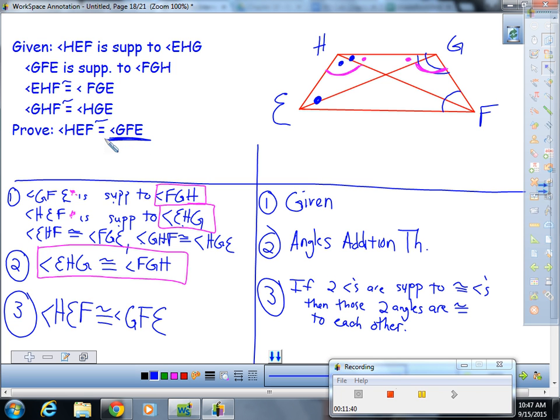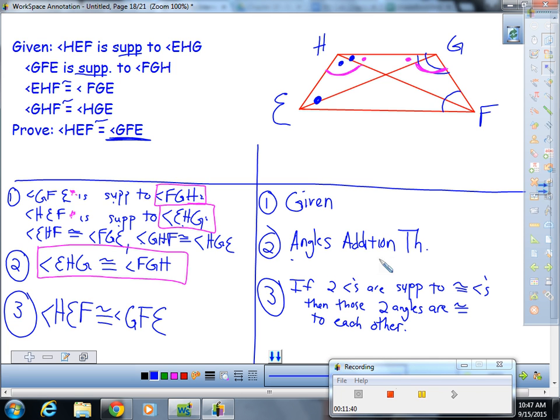Hopefully this helps. Look, we were given a lot of information, and I was given that some things were supplementary to each other, so immediately in my head I started thinking, we've got to use congruent supplements. Okay? Well then, with angle addition, we were able to prove that these two angles were congruent to each other, okay, by angles addition.